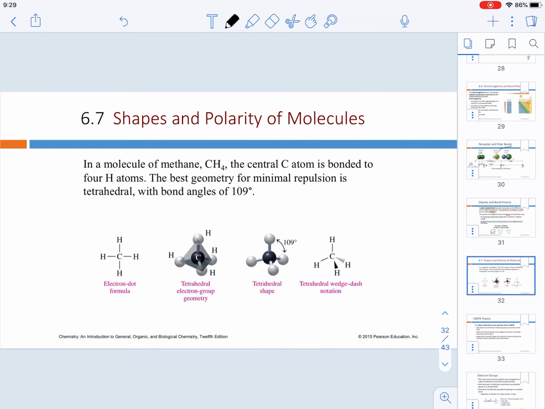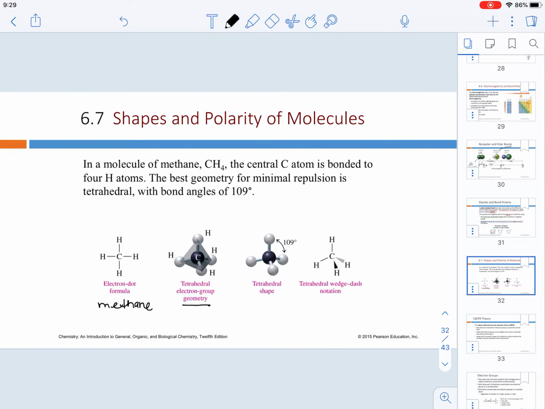And when it comes to shapes, understand that whenever we have covalent compounds, these molecules adopt a geometry. This geometry basically comes from the idea that the atoms have electrons, and because like charges repel, they are going to adopt a geometry such that those electrons are very far away from each other. So to give you guys an example, this is methane.